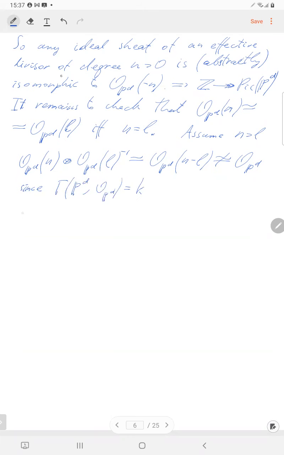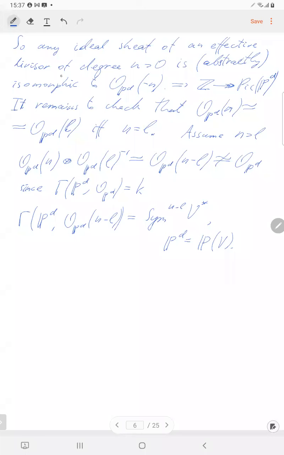But the global sections of O of n minus L are just the symmetric n minus L power of a certain V, or maybe V star, where PD is the projectivization of V. It could be zero, but then we take the dual.